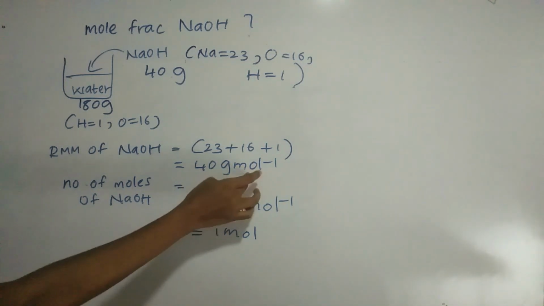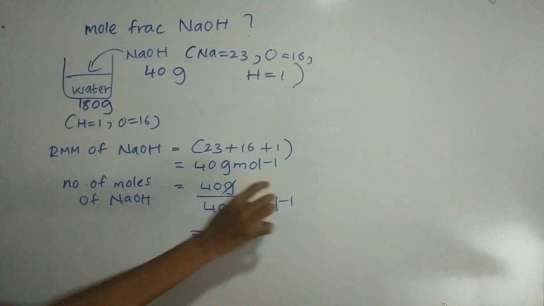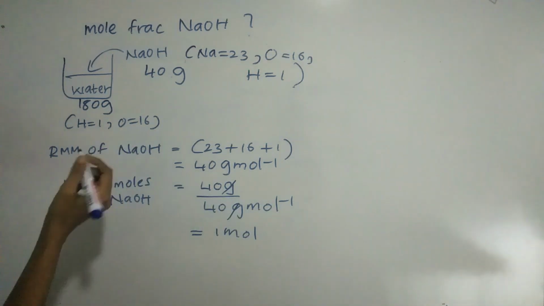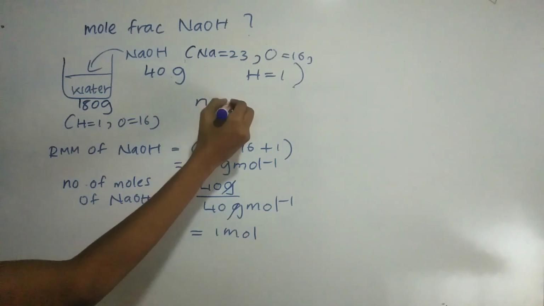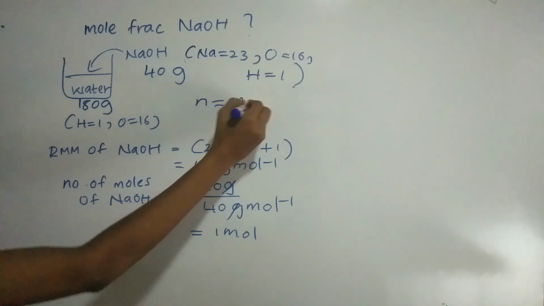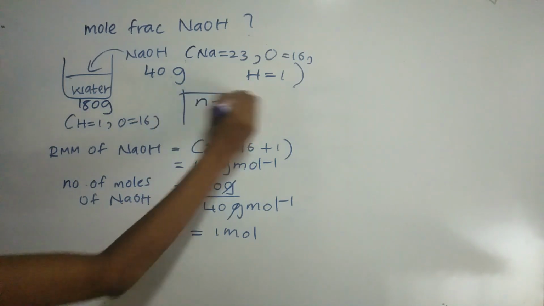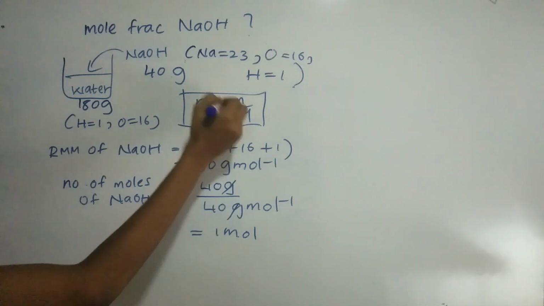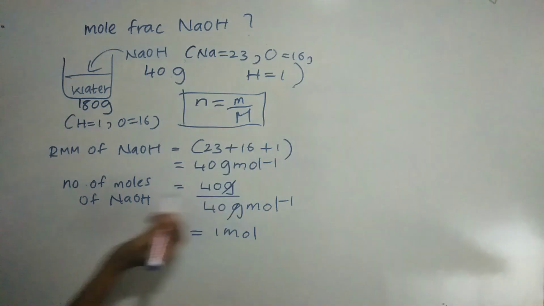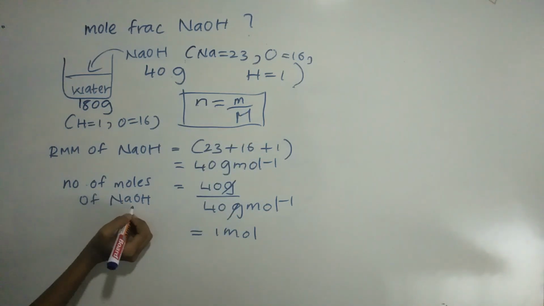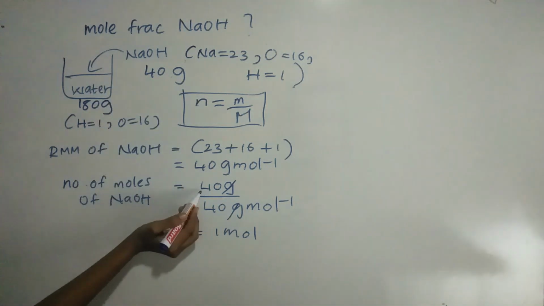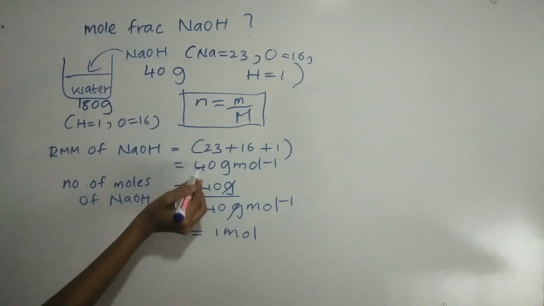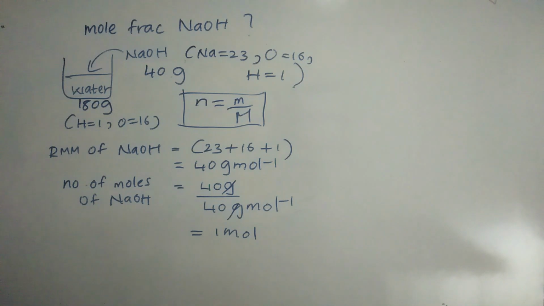Here I took mass over molar mass. There is an equation: number of moles equals mass over molar mass. Remember this. So to find the number of moles of sodium hydroxide, I took the mass of sodium hydroxide as 40 and the molar mass of sodium hydroxide as 40 grams per mole.